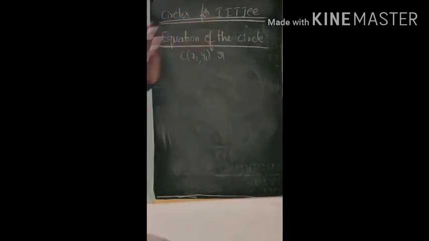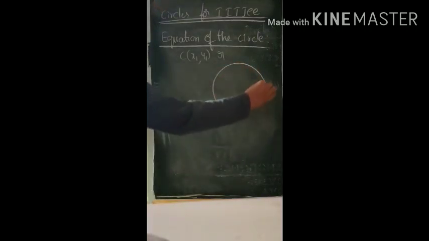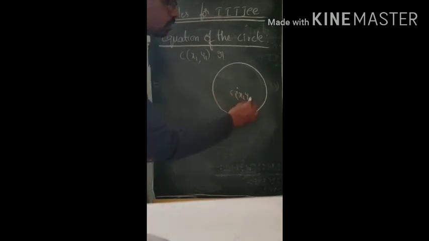So let us take a circle. The center is C (x1, y1).